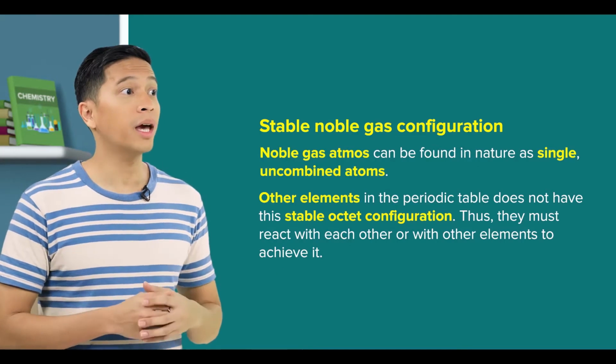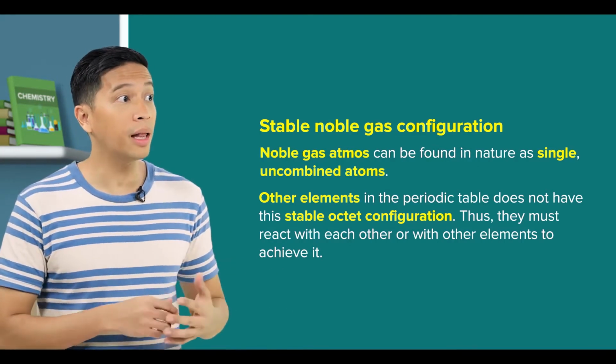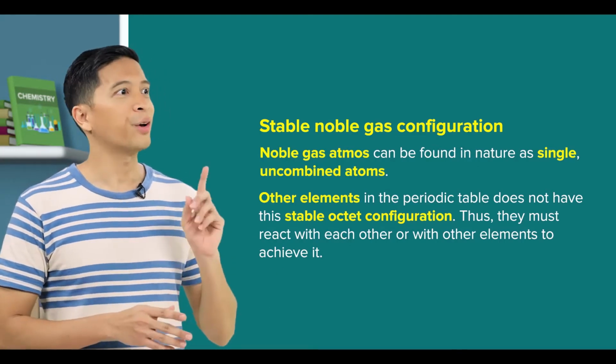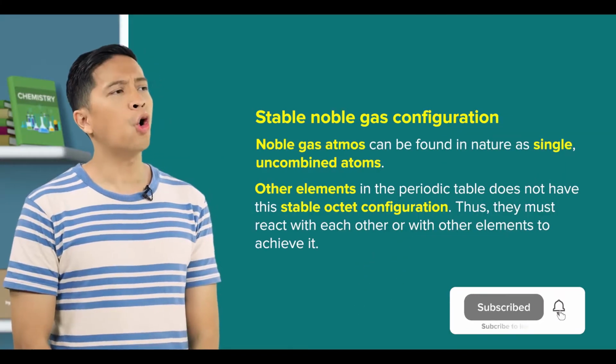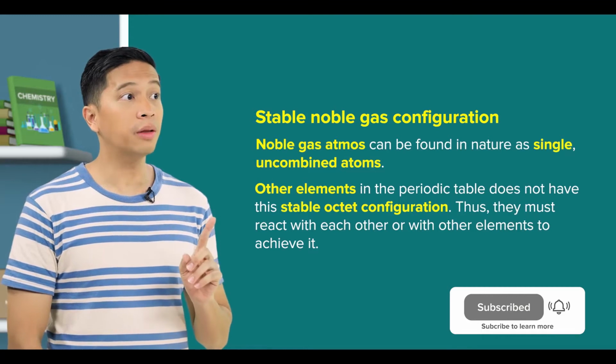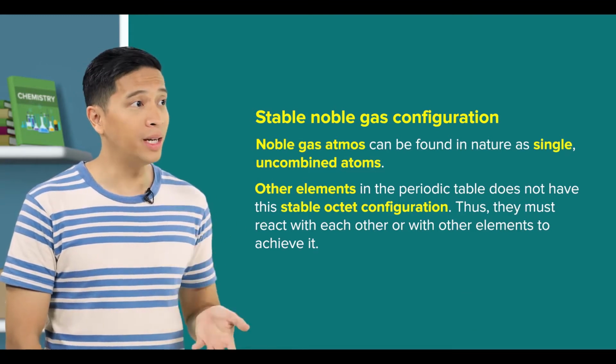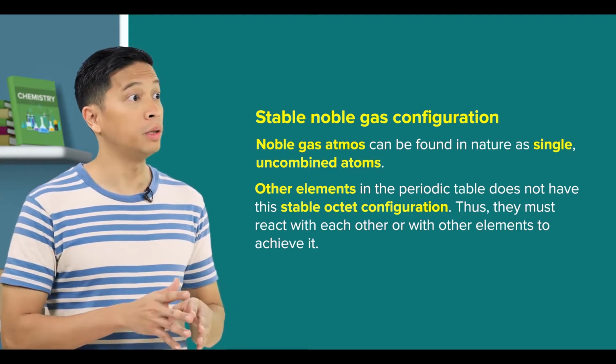Thus, they must react with each other or with other elements to achieve it. I recall now from our previous lessons. Very good. So, only after achieving this octet electron configuration would these elements be stable? That's right. So what does it have to do with donating extra electrons?